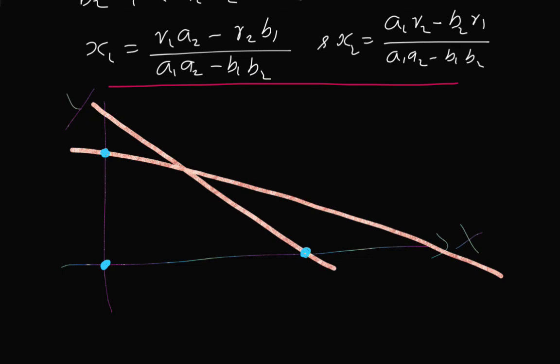These are the four points we already have. If I complete this, this one is r1 over a1, this point is r2 over b2, this is r2 over a2, this one is r1 over b1. So this is the graph of softwood x2 versus hardwood x1, showing equilibria for the three problems we just discussed.